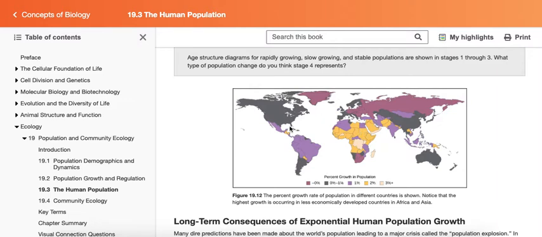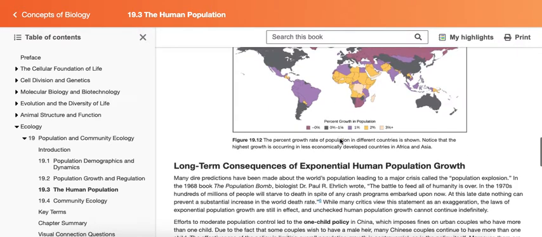But you don't see that as much right now in the Americas, and all of these change. Interestingly, there's actually some that are this kind of burgundy color here, like Greenland, Russia. In these countries, you're actually seeing a negative percent in growth rate, meaning people are opting not to have very many children and the population is actually declining.